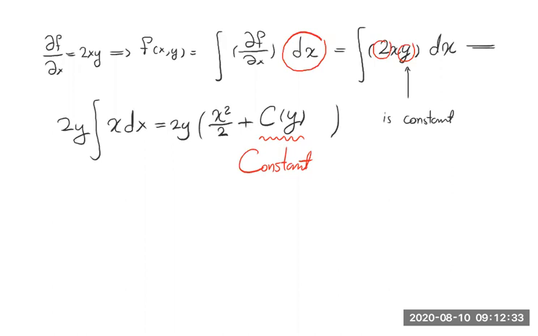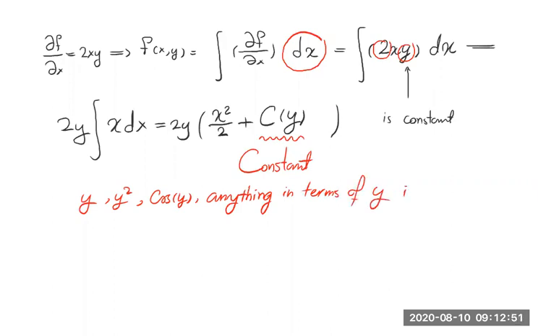For example, when y is a constant, y squared is also a constant, and cosine of y is also a constant. Anything in terms of y is a constant.